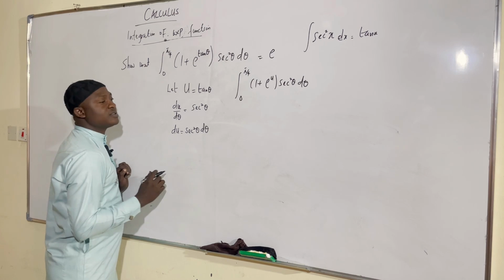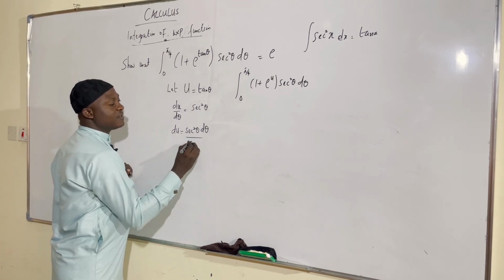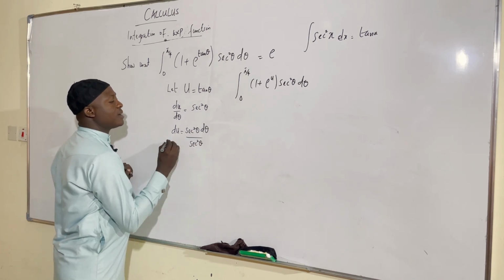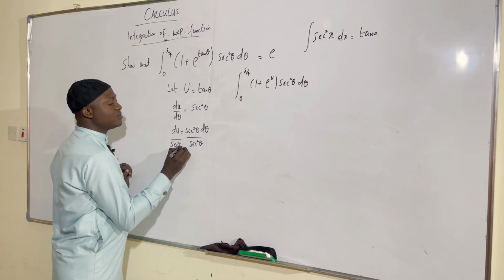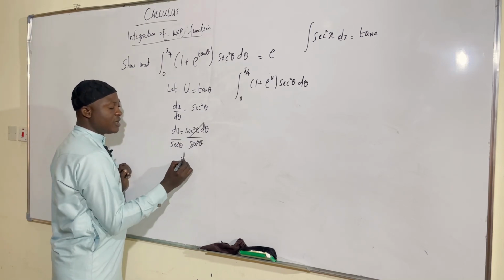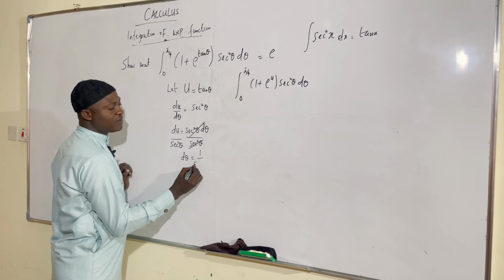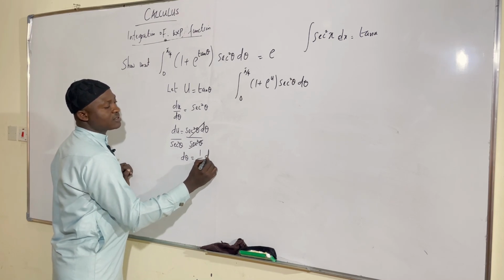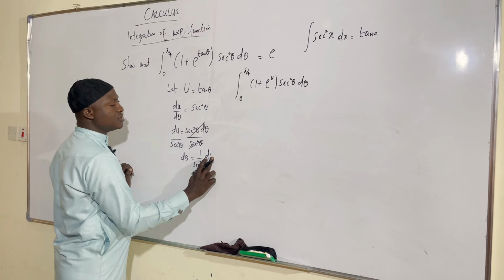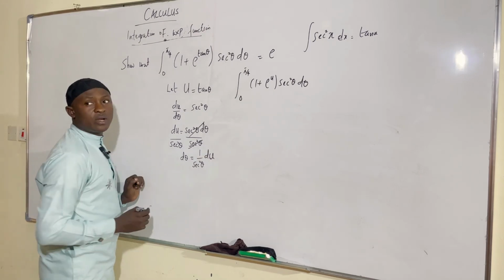I hope you are following, right? So I want to make d theta the subject, so divide all through by sec square theta. If this cancels this, that means we have d theta to be 1 over sec square theta du. So now let's substitute it back.